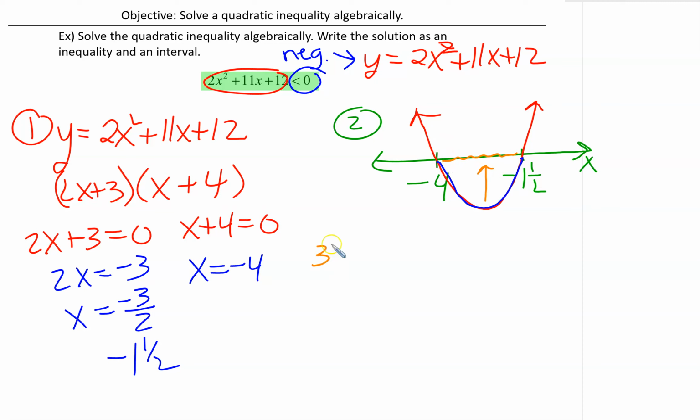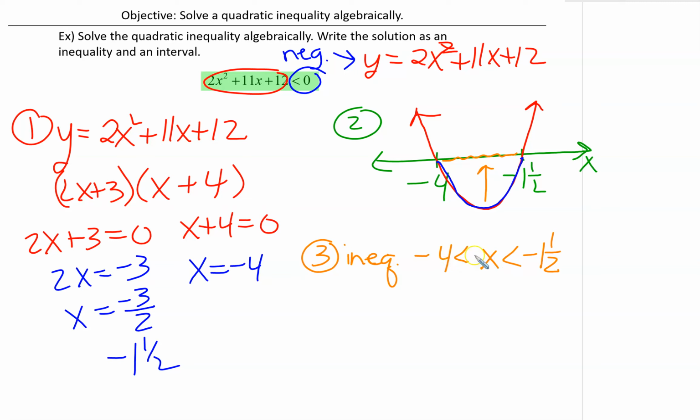So remember that when you write this type of inequality, this is a compound inequality that we're talking about the x's between these two numbers. So it's -4 is less than x, and x is less than -1.5. Read from the x's perspective, x is then greater than -4.